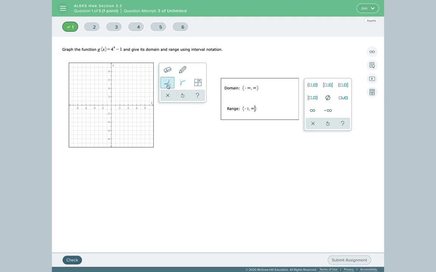In terms of graphing the horizontal asymptote, y cannot be equal to negative 1. All the values will be greater than negative 1. And in terms of plotting points, we had one point at 1, 3, and we also had the origin, 0, 0.